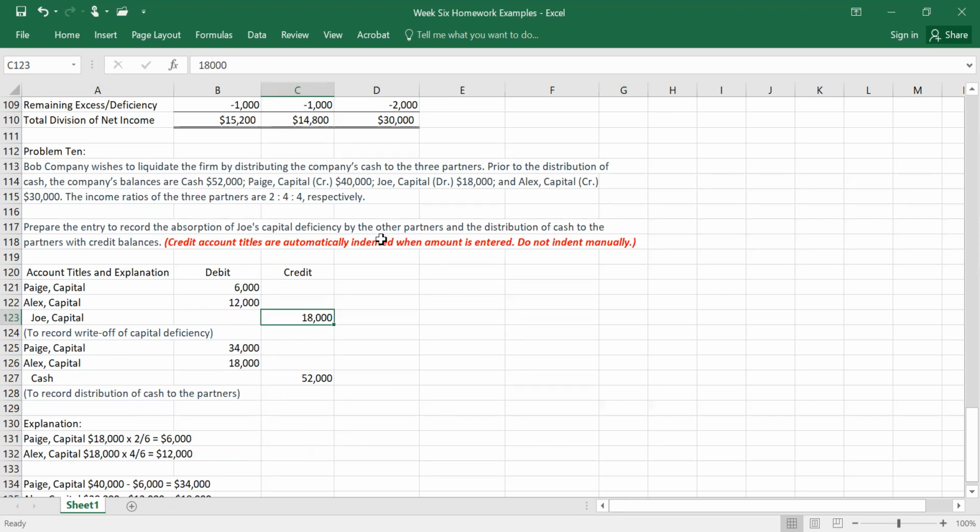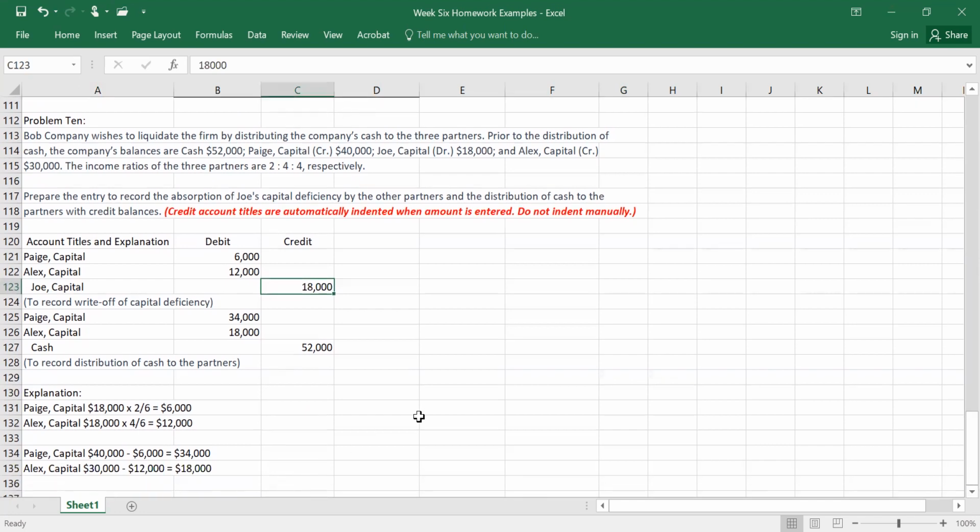Next, distribution to partners with credit balances. For the next step, we know that prior to this, we had 40,000 for Paige's credit balance. So 40,000 minus the 6,000 we just debited equals 34,000. So we're going to debit Paige capital for 34,000.